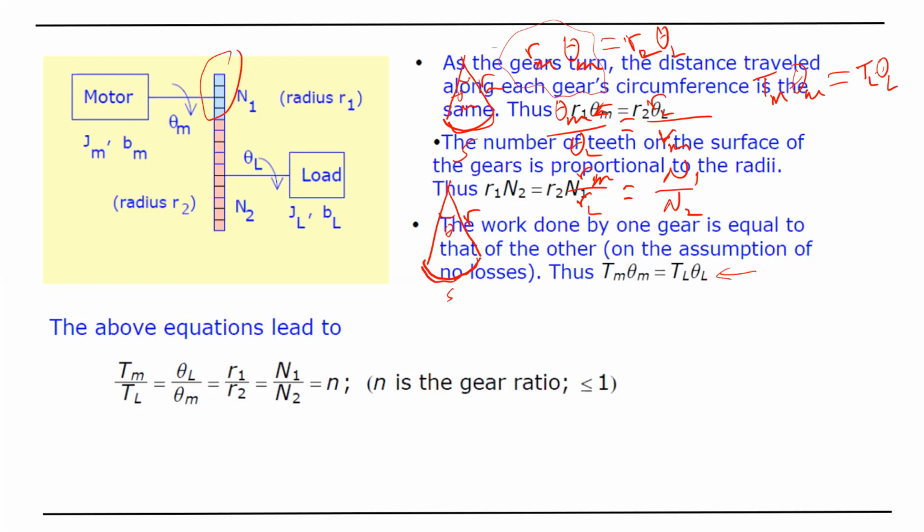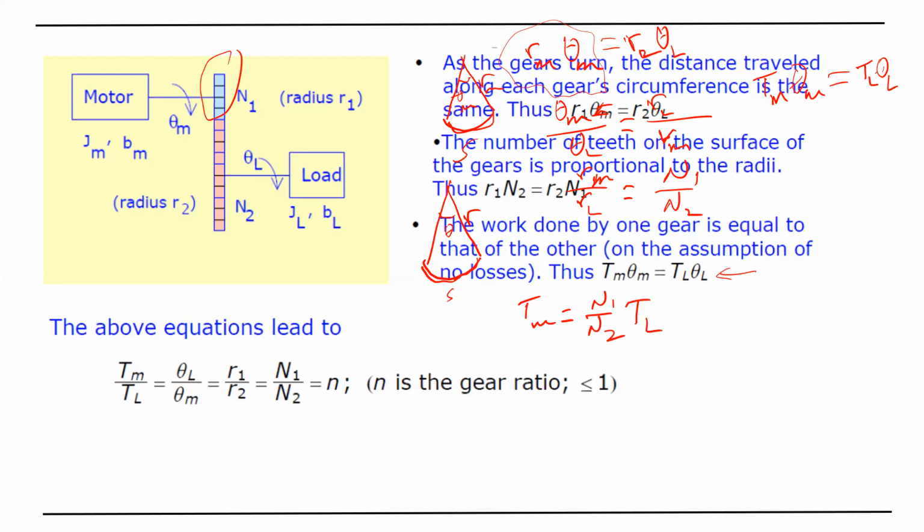So let me take T motor equal what in terms of TL? T motor equals N1 over N2 times TL. Do you agree? Use this relation. Okay.